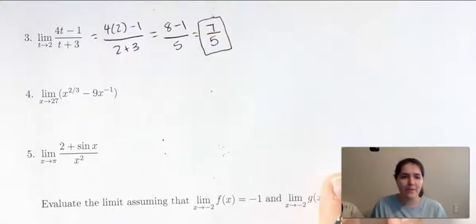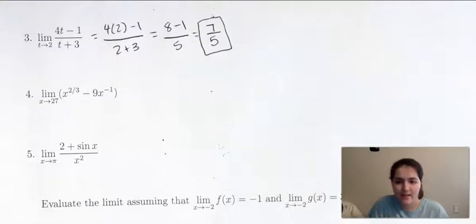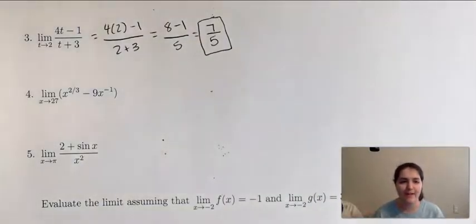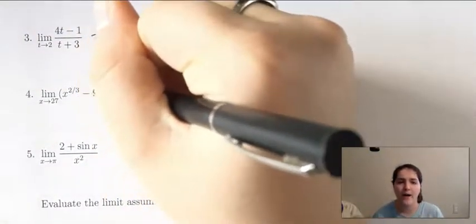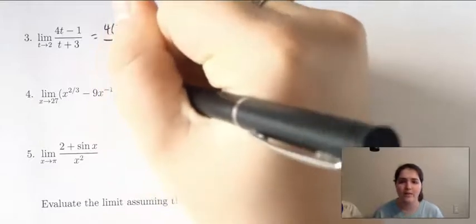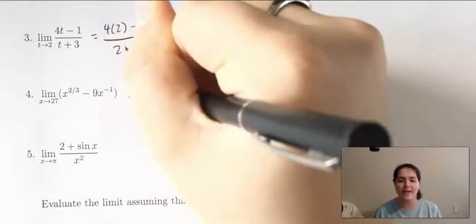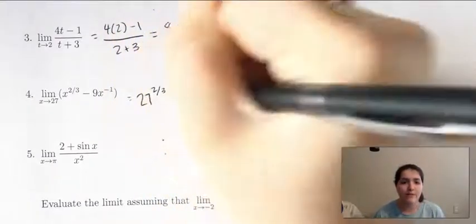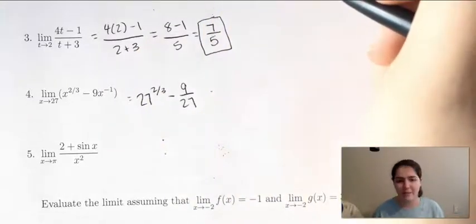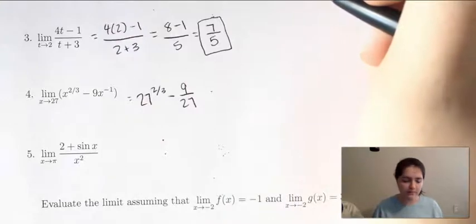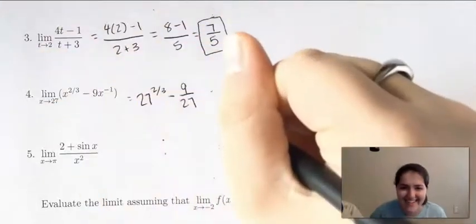Okay, our next one, we're plugging in 27. This one's a little harder because we're dealing with exponents, and exponents can get tricky. On exponent problems, it's easier if you break it down and write it a little differently. So I will attempt to break it down.